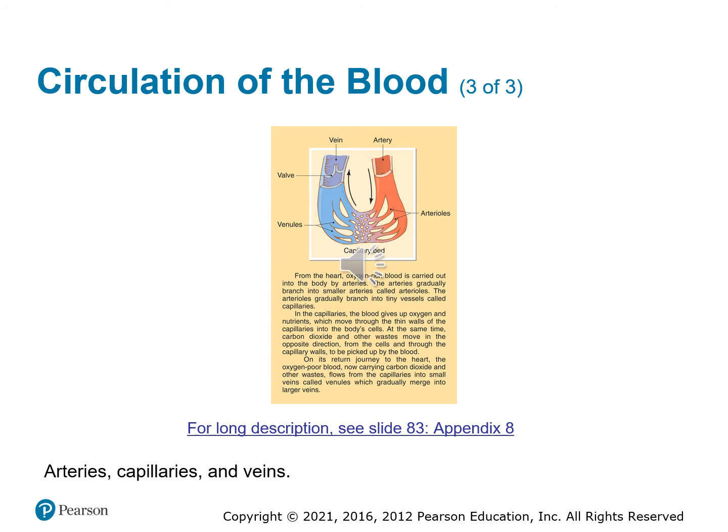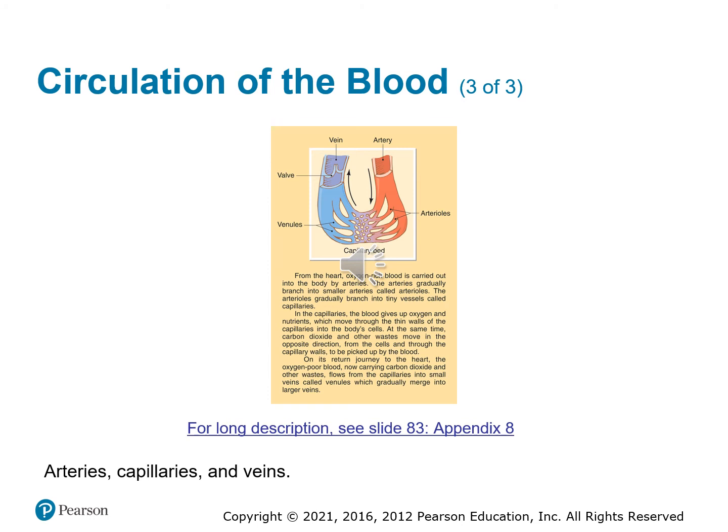As it gets out to the fingers and toes, or as it gets to the areas where it's going to be supplying oxygen, it crosses over into what we call capillaries. These capillaries are very, very small, so tiny that only one red blood cell can go through at a time, and that's to allow ample time for the oxygen to offload and to pick up the carbon dioxide so that we can get rid of that waste.